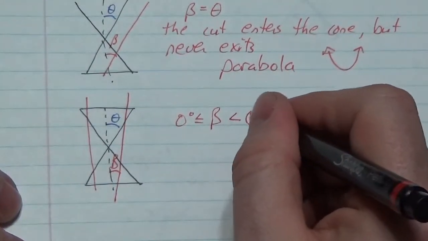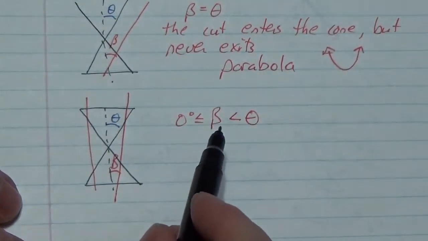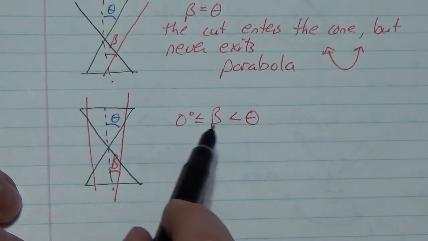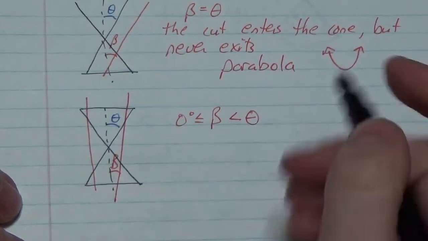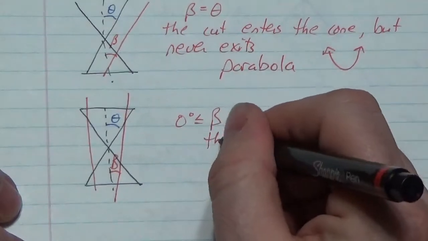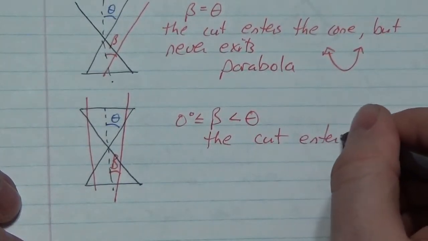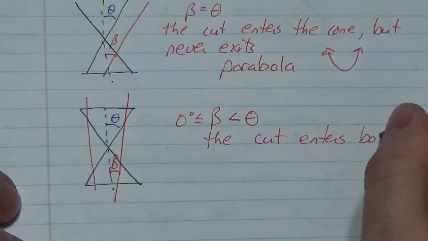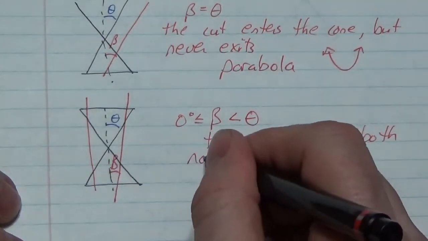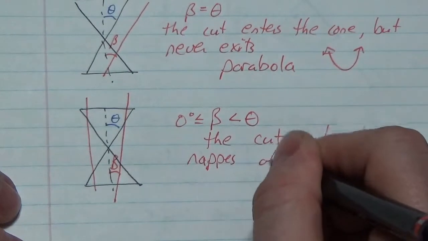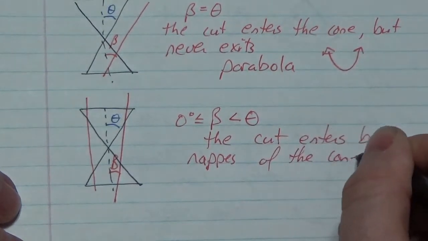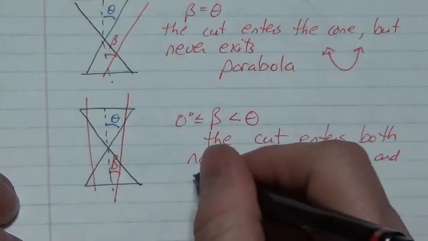But it's going to go up to theta. So as long as beta is between 0 and theta, the cut, or the plane here, enters both naps of the cone, and then never leaves again.